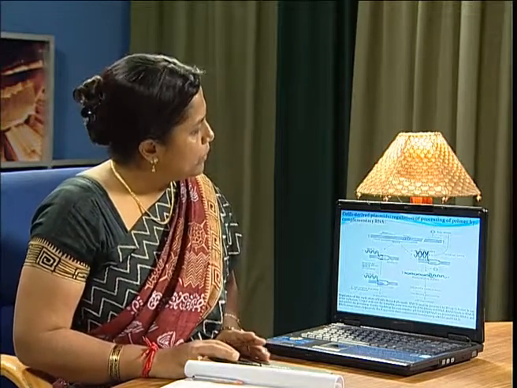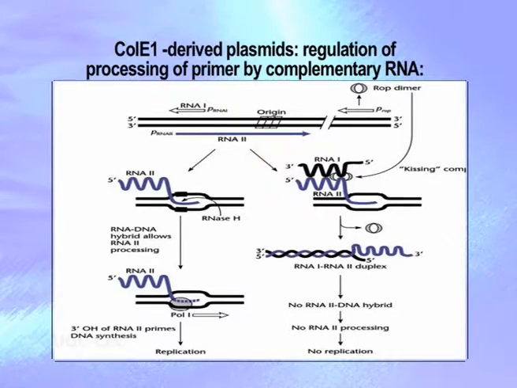So to start with Col1. Col1 is a very high copy number plasmid. Therein we will see that a short stretch of RNA called RNA2 is responsible for binding onto the ORI region, that is the start site of the replication of the plasmid.